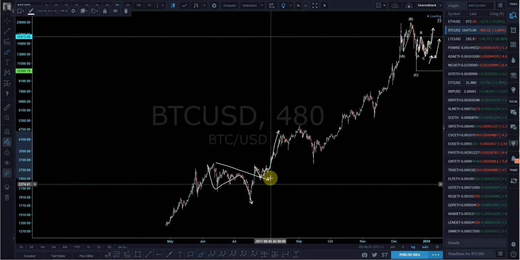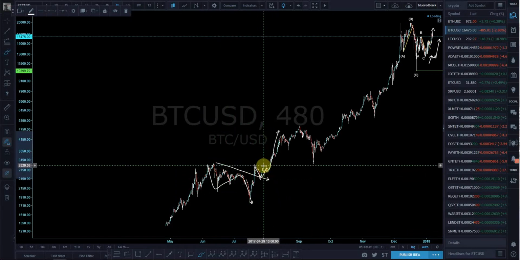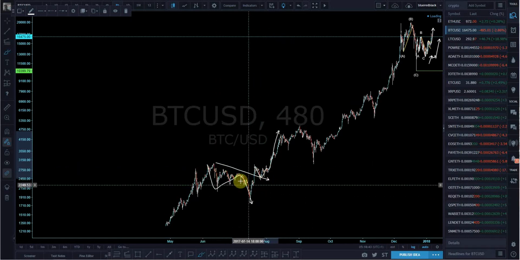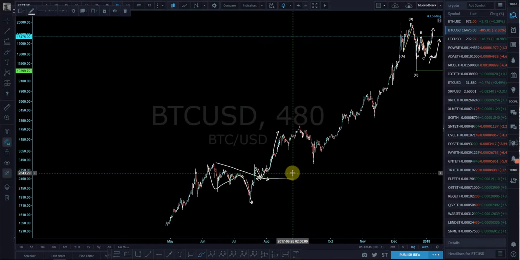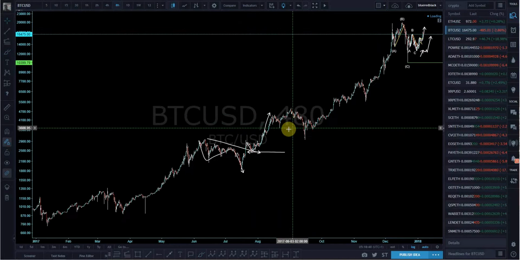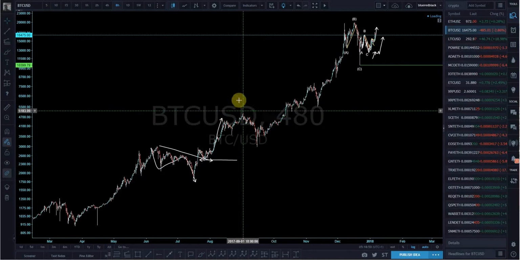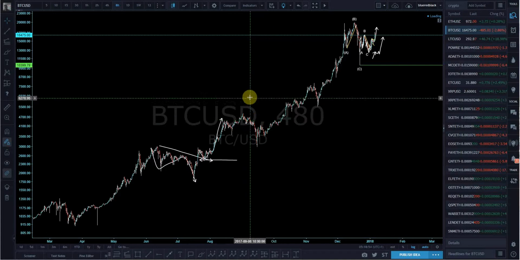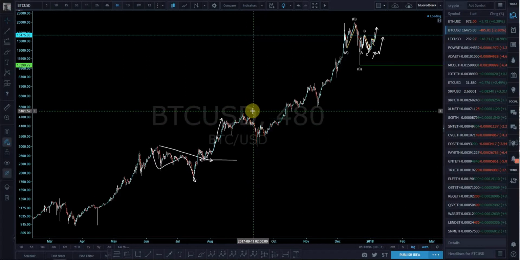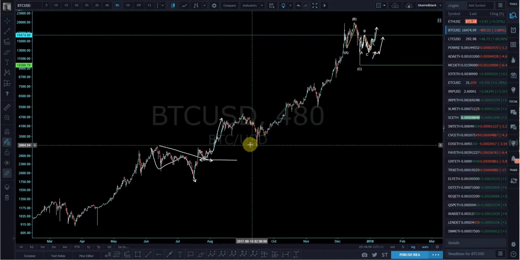This is actually, I wouldn't call this a flag, but it's another corrective flat pattern, just of a smaller degree compared to this one. So it's minuscule compared to that. And same thing here. You have the correction here. They're not all going to fit perfectly in that 3 wave. You're going to have to use your discretion and know that it's a correction.